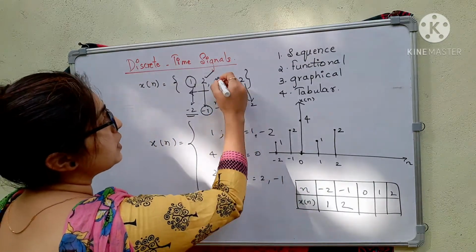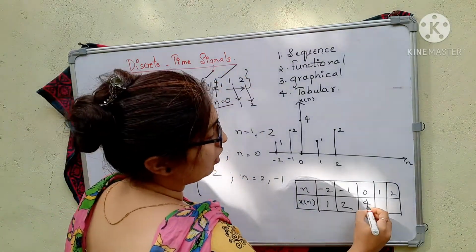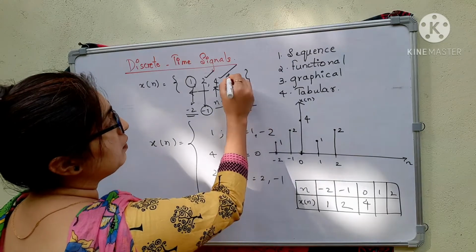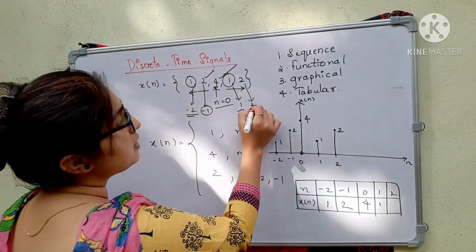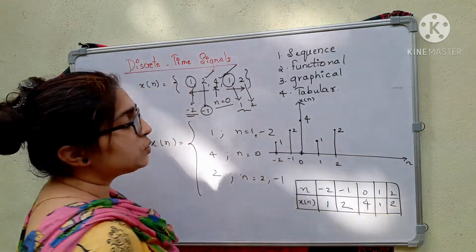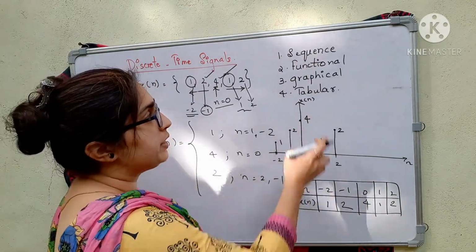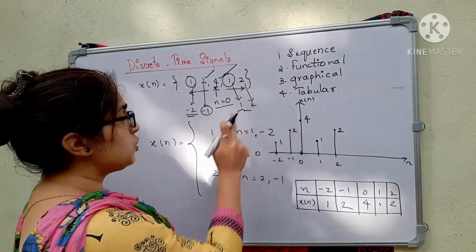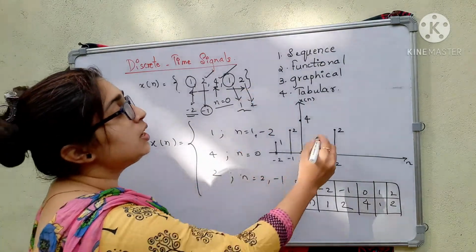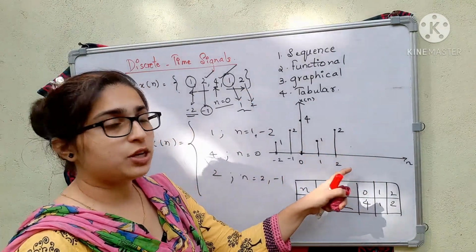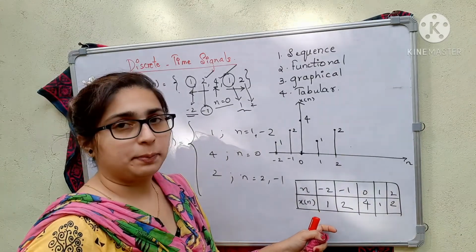At n equal to 0, the value 4. At n equal to 1, the value 1. At n equal to 2, the value 2. This is the tabular representation. So 4 types of representation: sequence, functional, graphical and tabular.